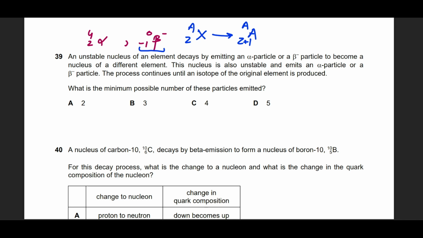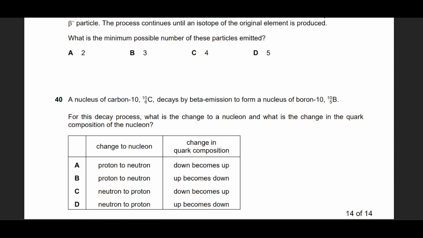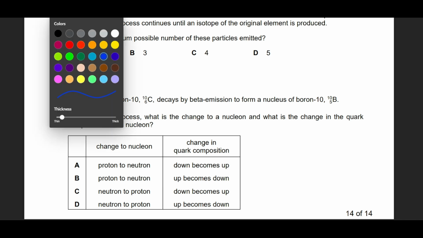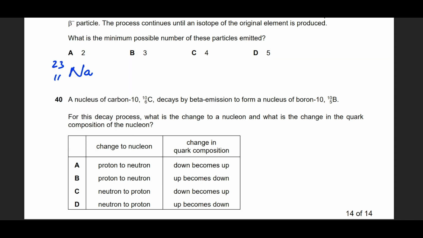So first, let's emit an alpha to reduce this number by 2, then emit 2 betas to increase the number by 2 again, and see whether we get the same answer. Let's start with a hypothetical example, sodium, which is 23, 11. No need to memorize this. You could have started with a hypothetical A, Z situation as well. It would give you the same answer.